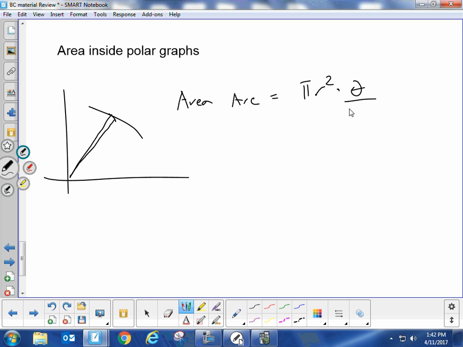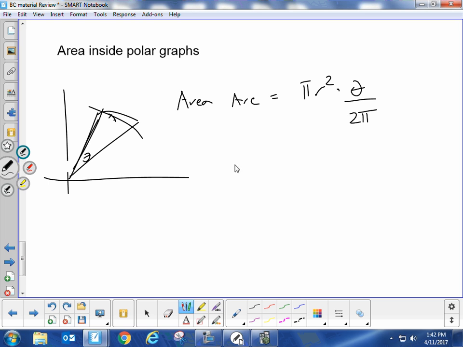So I'm going to say times theta over 2 pi, knowing 2 pi is an entire circle. Theta would be my angle at which I am talking about. So here would be my angle here, and here's my arc of my circle, pi r squared theta over 2 pi. Now, as these pizza slices get smaller and smaller and smaller, theta gets smaller and smaller and smaller until it becomes d theta.